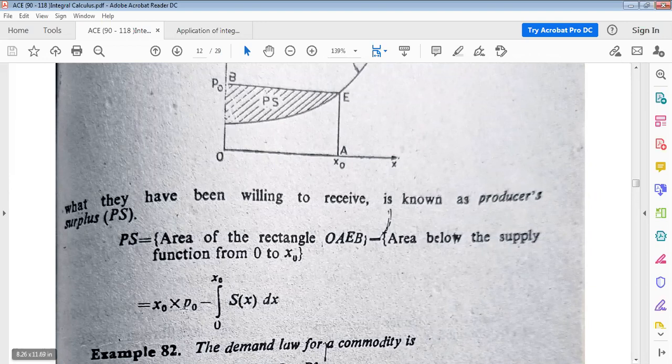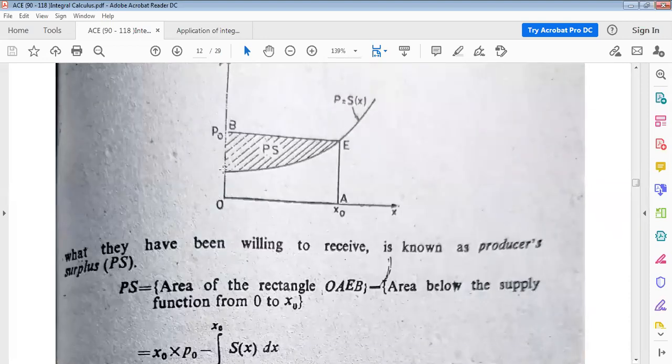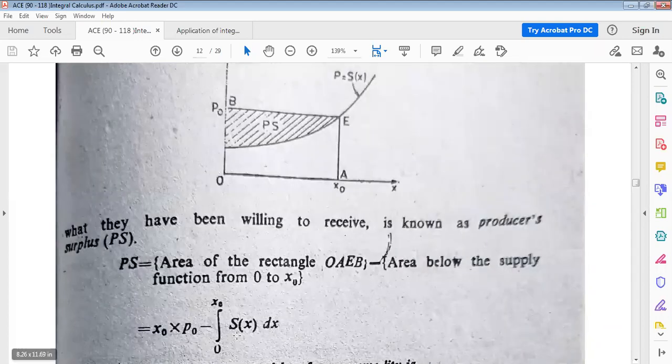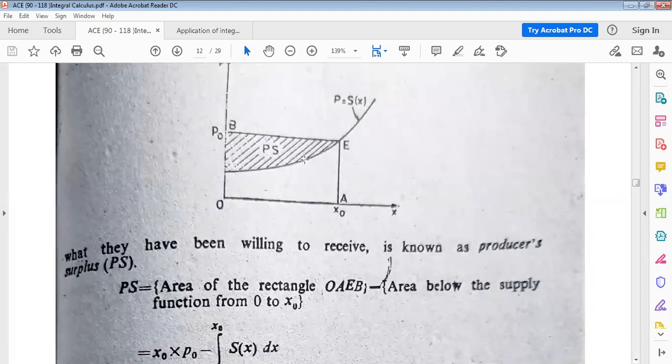So the total rectangle area is x naught p naught. If we subtract the area under the supply function S(x), integrating from 0 to x naught, this subtraction will give PS, the producer surplus.